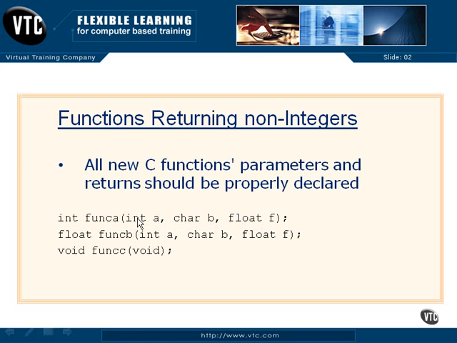It'll take an integer, a character, and a float. And if you call it and pass it other types when you actually make the function call, those other types will be typecast to these types, because it's going to assume that you knew what you were doing when you were declaring the function.